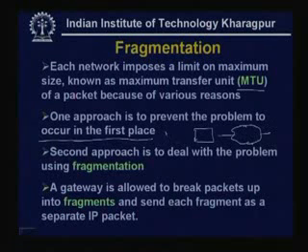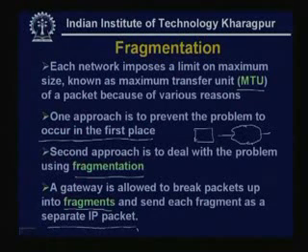This is one approach, which you may call prevention. The second approach is to use fragmentation. The gateway is allowed to break packets up into fragments and send each fragment as a separate IP packet. This is the approach commonly used in most cases, to have more flexibility.